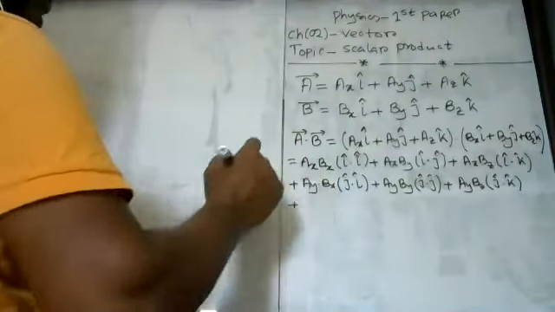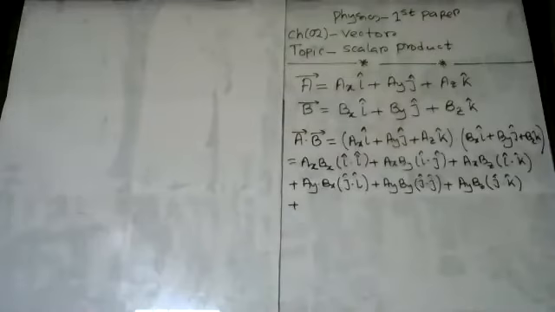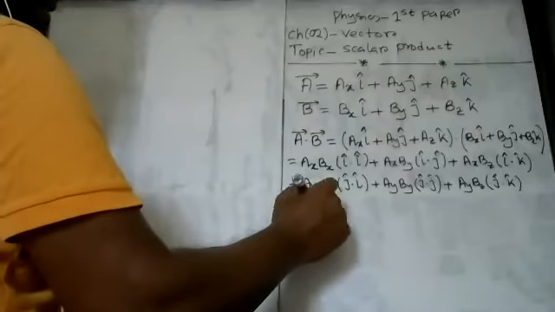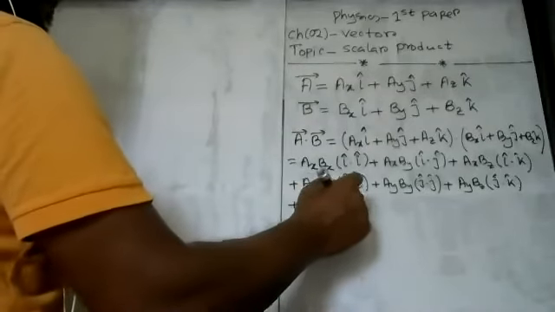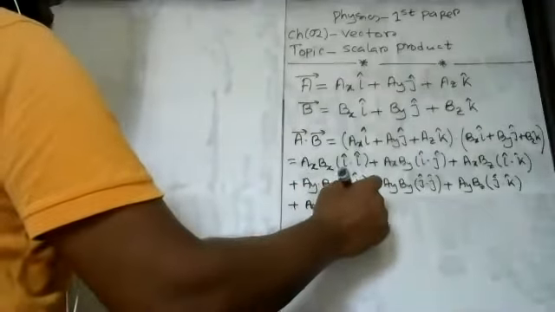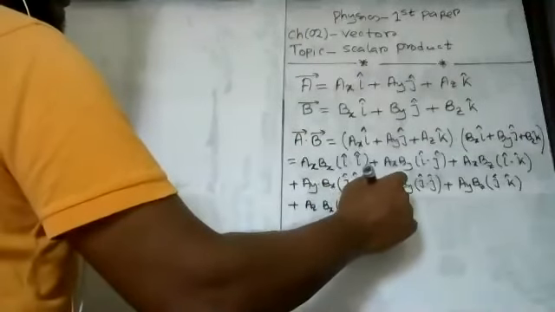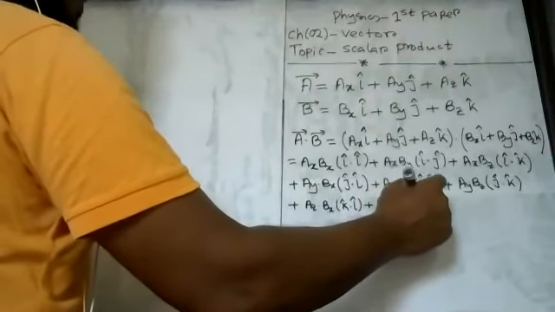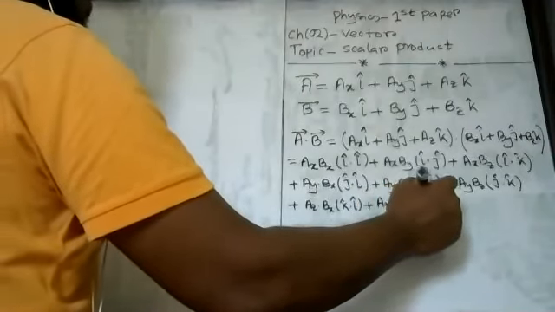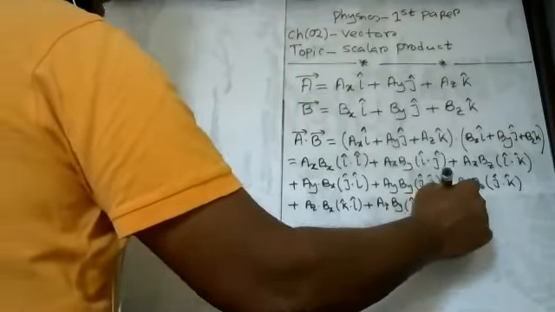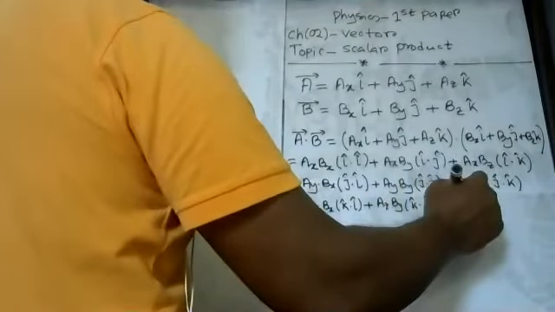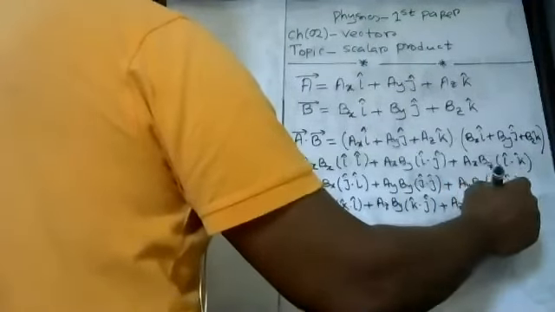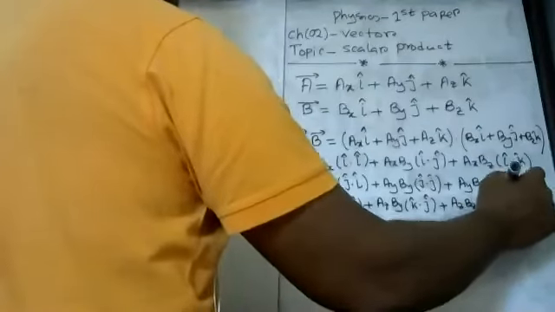Now, my dear student, the rest is az. So we can say az bx k hat dot i hat, plus az by, k hat dot j hat, plus az bz, so this is k hat dot k hat.